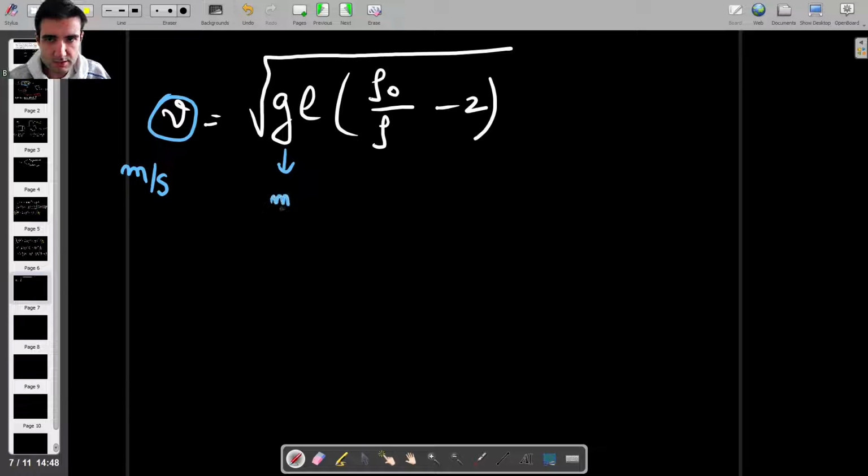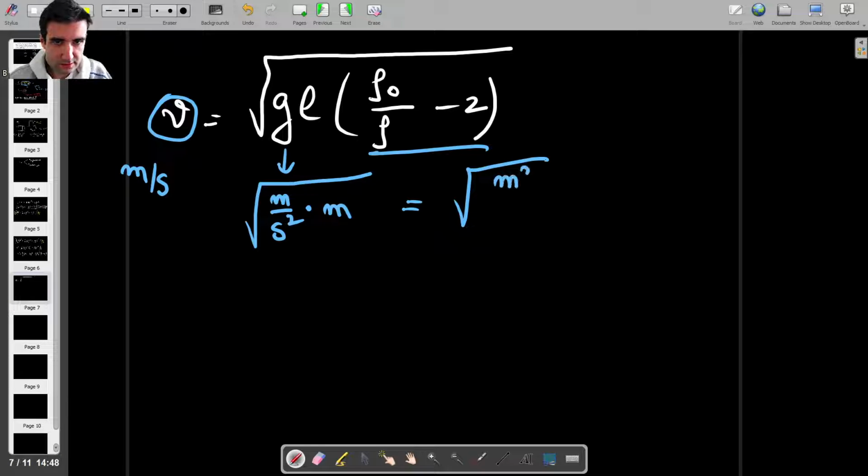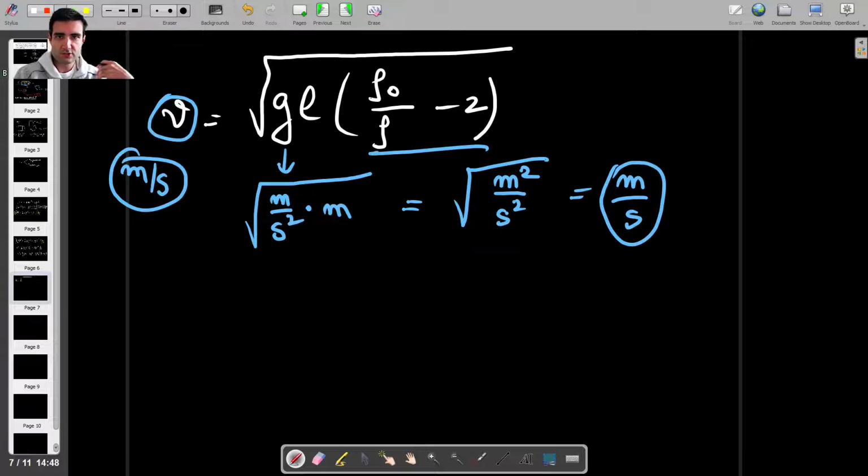This is meters per second squared multiplied by a length in meters. This thing doesn't have any units because it's density over density, which is just a number. And the whole thing is square rooted, so it's the square root of meters squared per second squared, which is meters per second. So the units are consistent on both sides, which is a nice quick way of giving feedback to yourself.